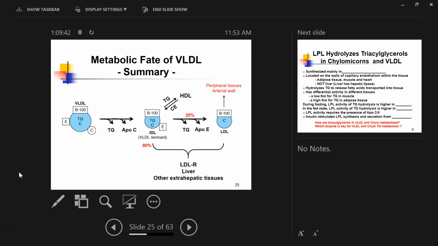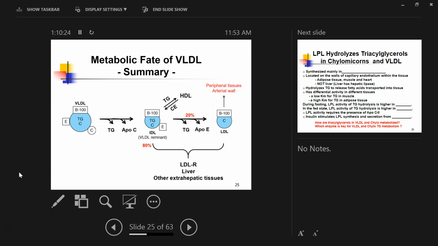Again, once the mature VLDL arrives in either adipose tissue during the fed condition or muscle during the fasting condition, the triglyceride inside of VLDL can be broken down by LPL, lipoprotein lipase, with the assistance of ApoC2, releasing the fatty acids, and also losing the ApoC, and becoming VLDL remnant, IDL.